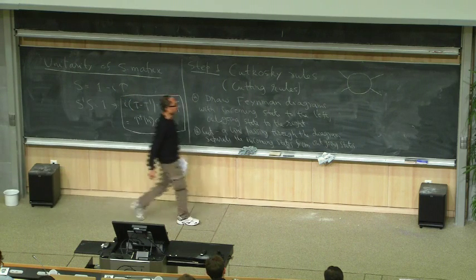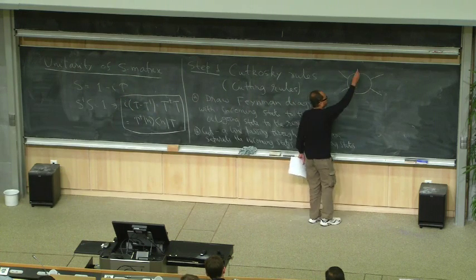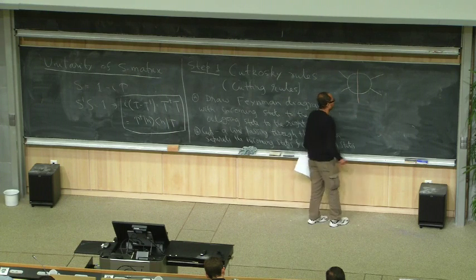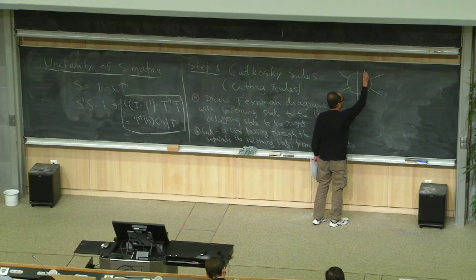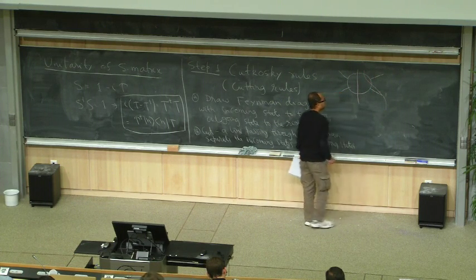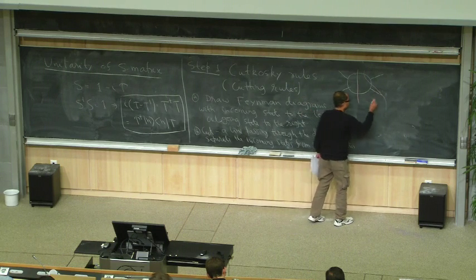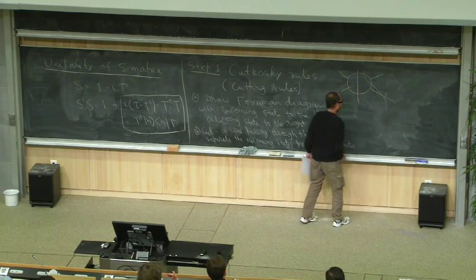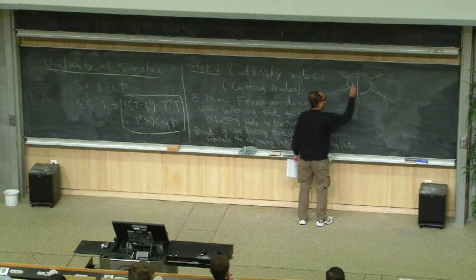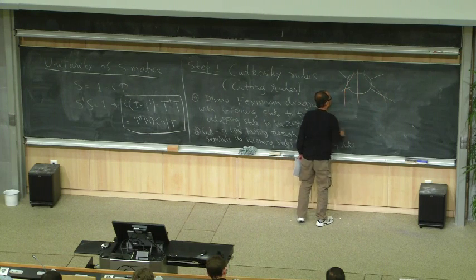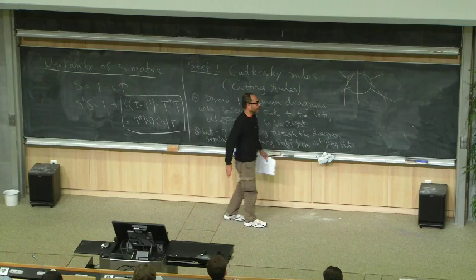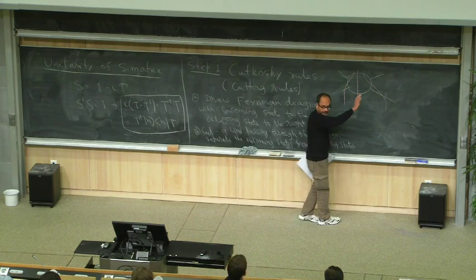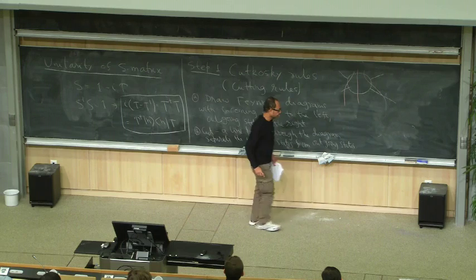One cut that you can think of is just this one, but then you can also draw this, or this, which you can think of as extending, and so on. Just something which separates the incoming states on one side and outgoing states on the other side. That's a cut.